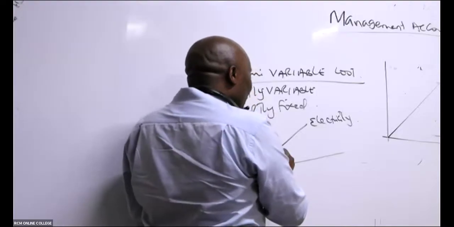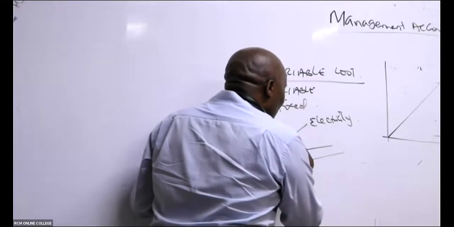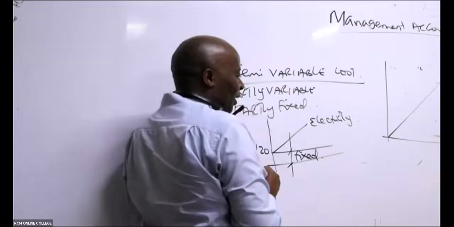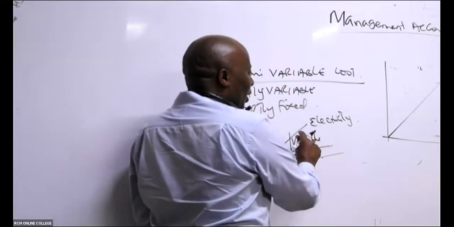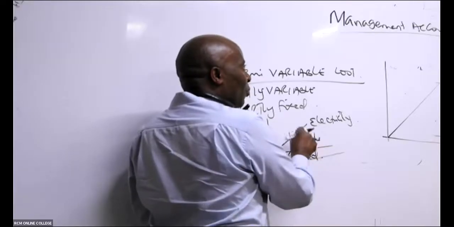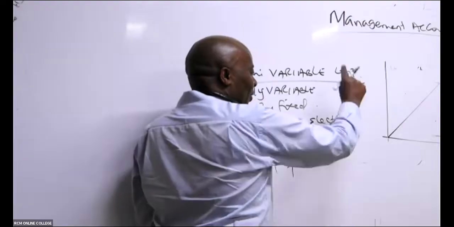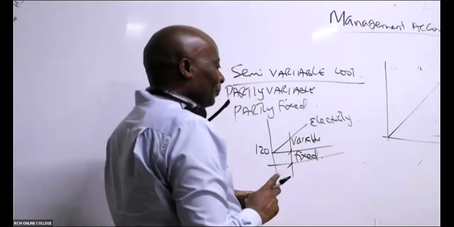All right. So if I dissect my meter bill very well, I will be able to have these 2 components. We have fixed cost, and then we have variable. This variable component will be dependent on the number of kilowatt hours. The more I use, the more, but fixed will always be fixed like that.